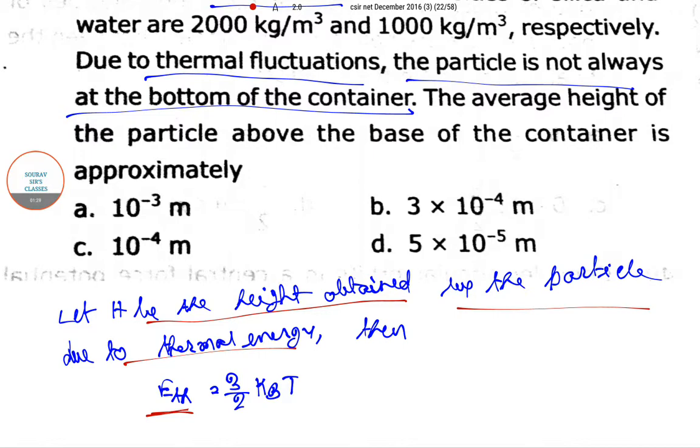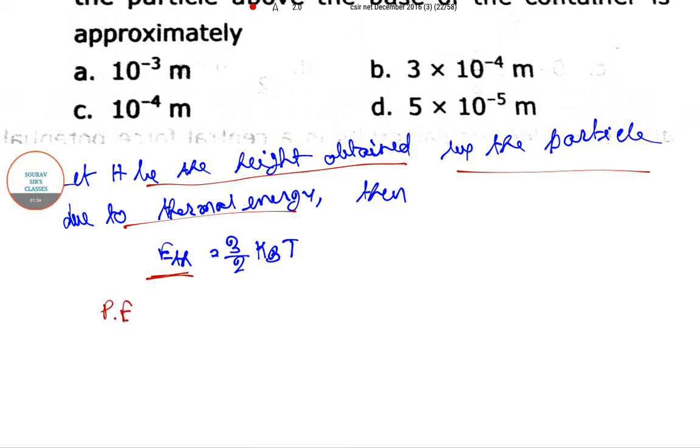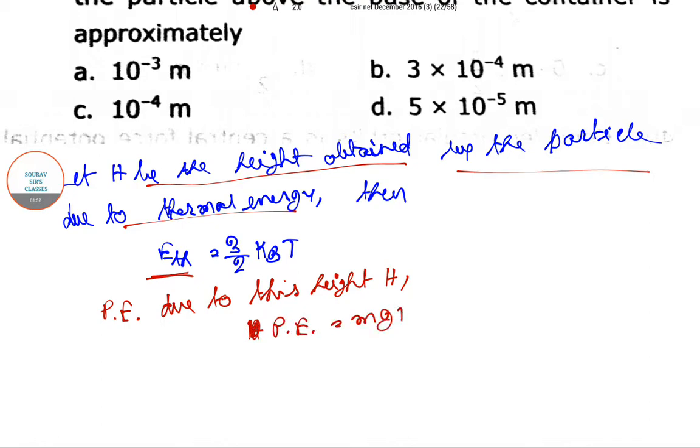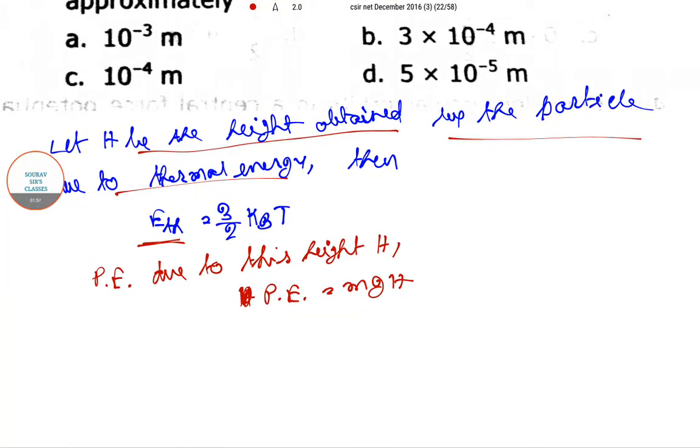So the potential energy due to this height h can be written as mgh, and this potential energy is equal to this thermal energy.